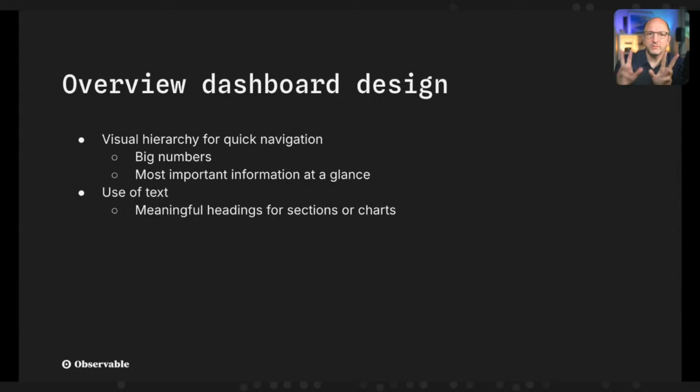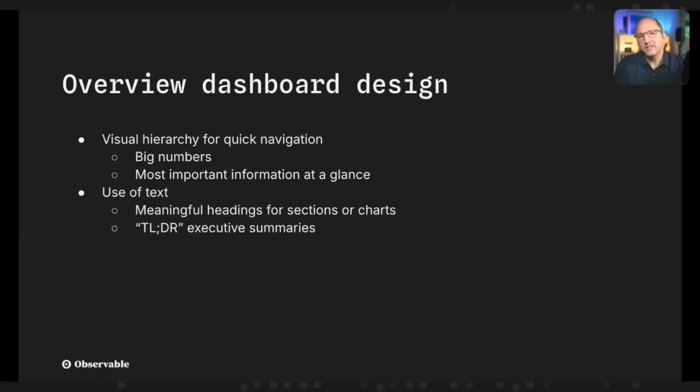I'm trying not to call them casual users, because that's not what they are, but they aren't necessarily frequent users of your product, of your dashboard, of your data app. And so for them, it's more important to know exactly what it is that they're looking at. And so having meaningful headings for individual charts, for sections of charts, is really important.